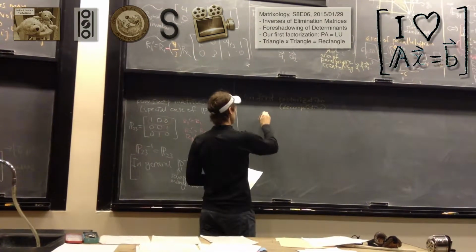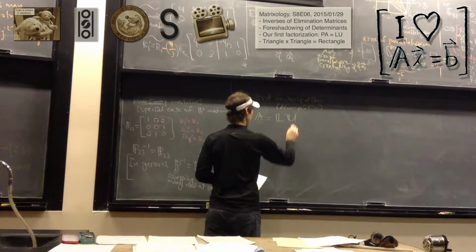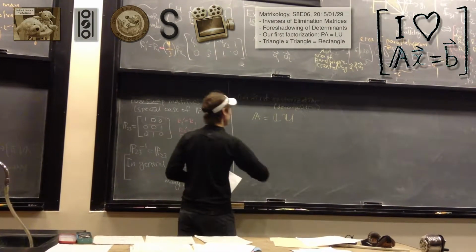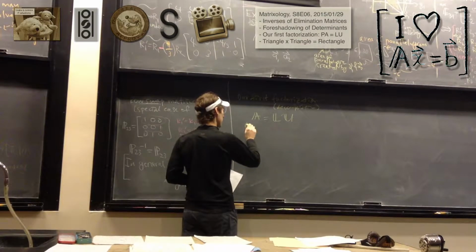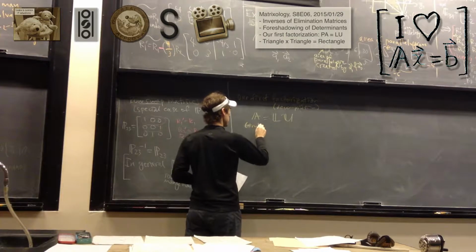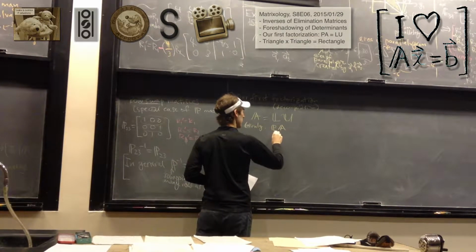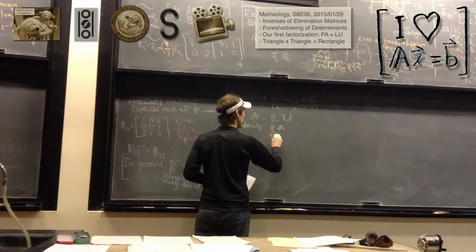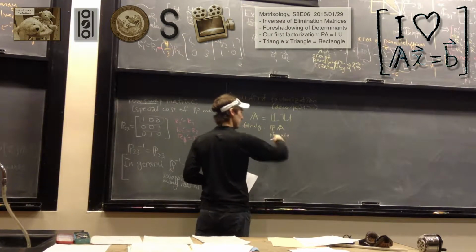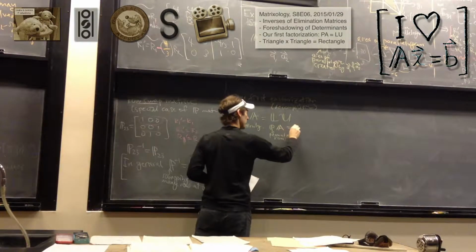It's going to be A equals LU, and I'm just going to put a little important note here, but truly it's this, actually. It's PA, some permutation of A, permute the rows. So we have to figure out the right permutation of A, permute the rows. So once we've shuffled the rows around properly, then we can do this.